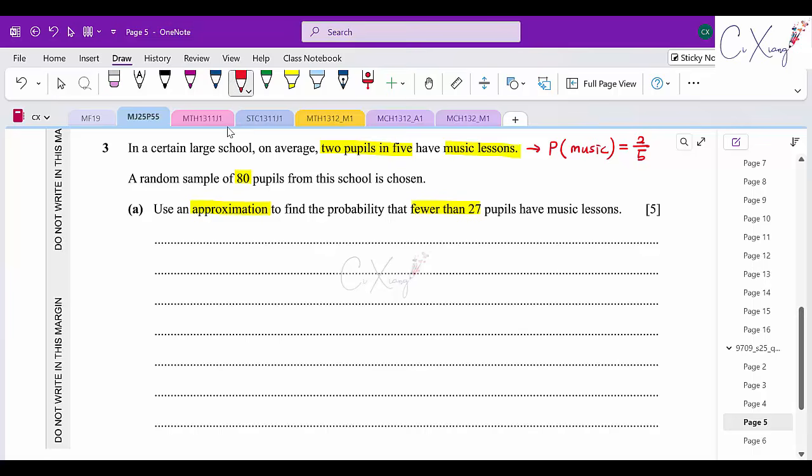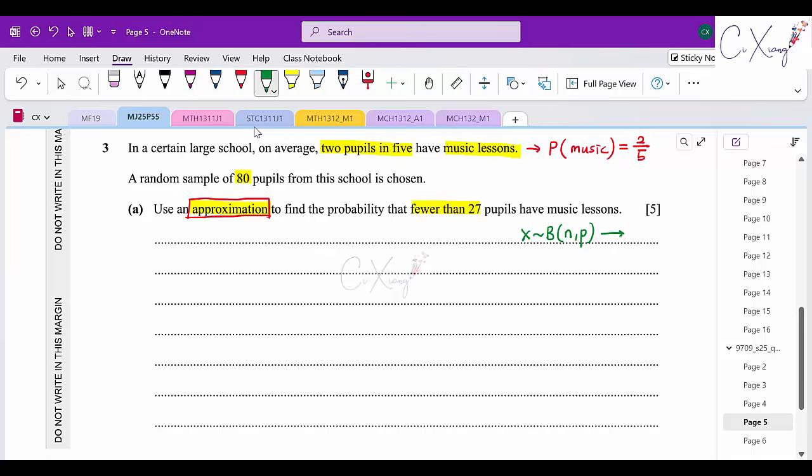Okay, there are a few important keywords here. First, highlight the keyword approximation. In our AS syllabus, we have only one type of approximation, which is binomial changing to normal. So they already give you a very obvious keyword. Binomial originally is n and p.